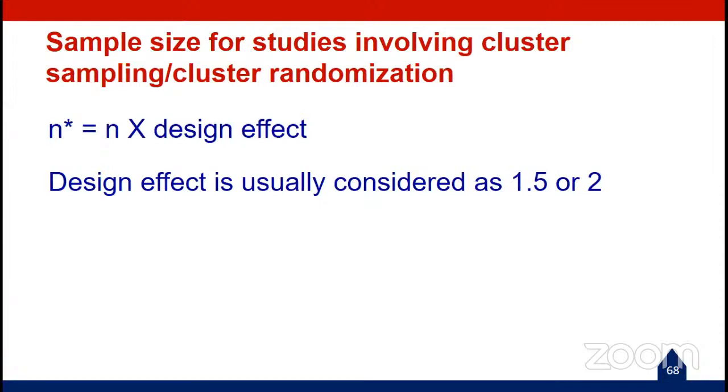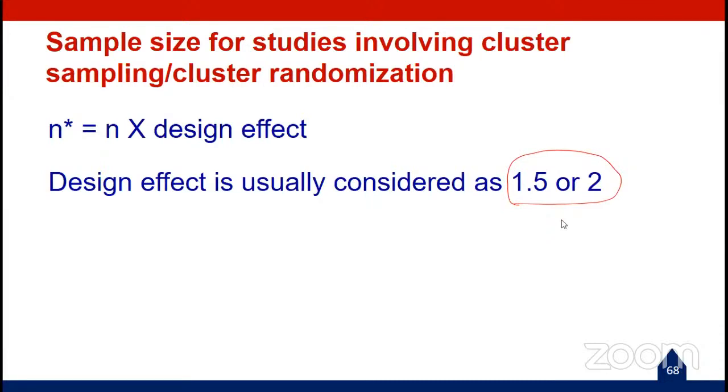So we multiply the computed sample size by 1.5 or 2 as a rule of thumb, as a precautionary measure.